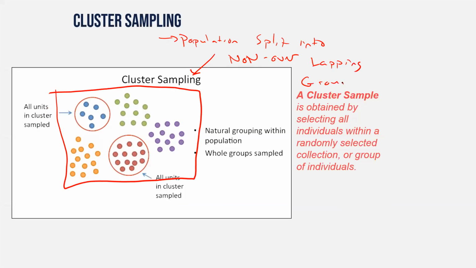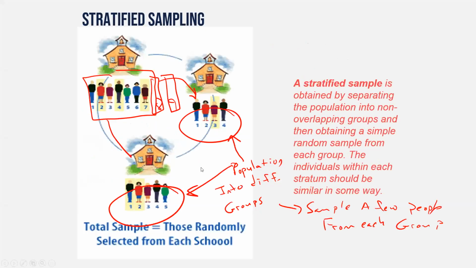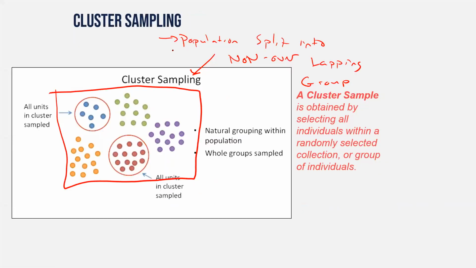What we saw with stratified sampling is that you took a few people from each group. With cluster sampling, what you do instead is you say, I'm going to take all the people in this group and all the people in this group. And this group and this group will form my cluster sample. Sorry I'm going so quick on this final step. I just want to get this done before our class ends.